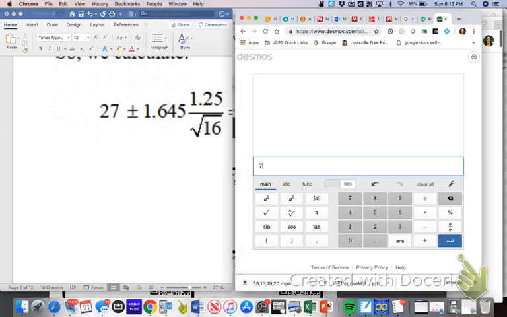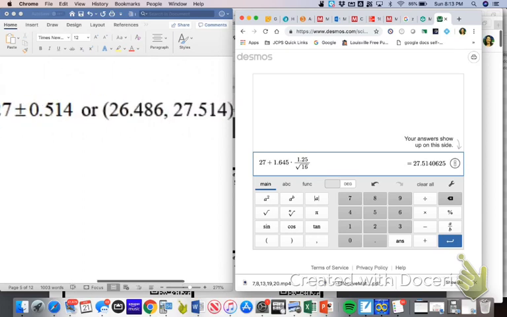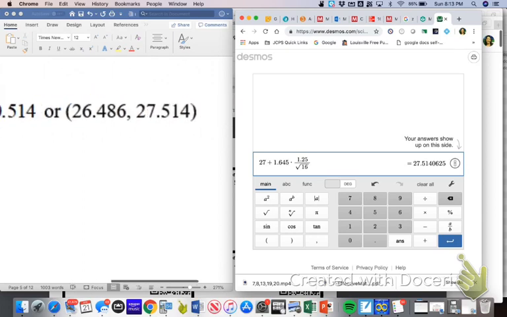So 27 plus 1.645, and we're going to multiply that by, I'm going to hit the fraction button, 1.25, I'm going to click below, hit the little square root button of 16. And you see, I do get the same thing that I got over here in the notes a minute ago, the 21.514. Obviously, I rounded it but I do get the same thing.